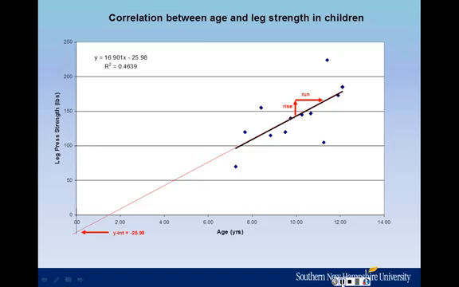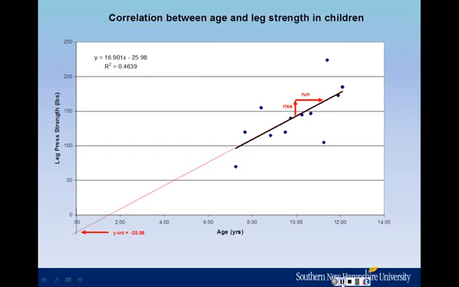I took a red line and I extended that line of best fit so you could see that indeed that line of best fit crosses the y-axis in the negative side, exactly at 25.98. And then the steepness or the flatness of that line is the slope, rise over run, the change in y over the change in x.